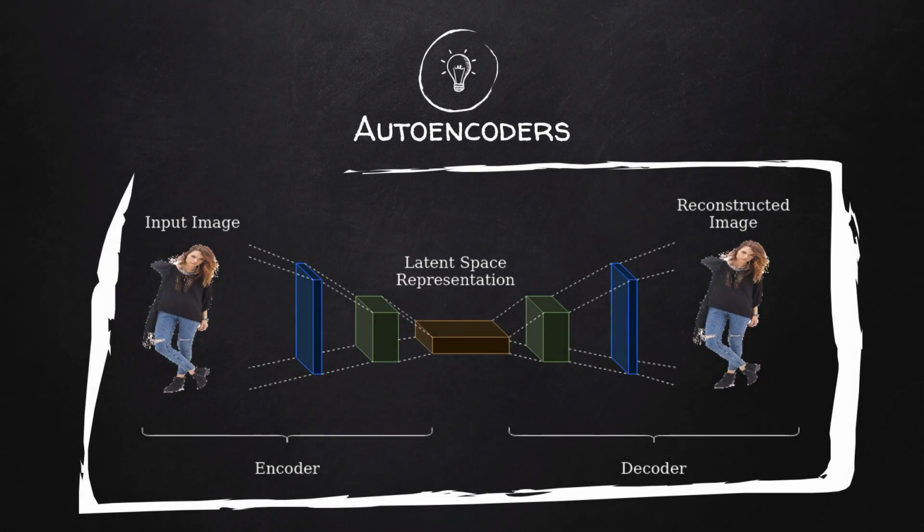Autoencoders. Now that we know what a latent space is, let's dive into the concept of autoencoder. Usually, when we intend to build a machine learning model, we train the model on a sequence of images with the given labels and minimize the loss function, which quantifies the mistakes made by the model.